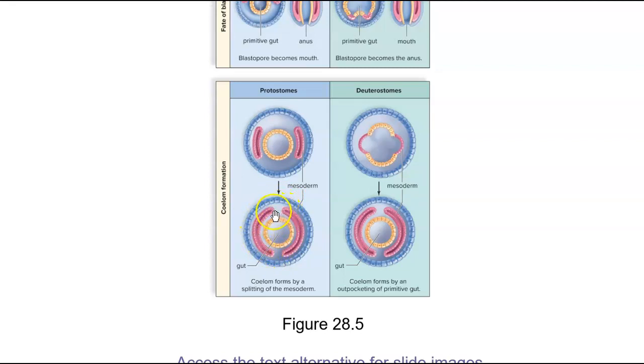All of that space in here is the coelom. And then the coelom, I mean, they end up looking the same, but the coelom in the deuterostome forms a different way because the mesoderm forms a different way.